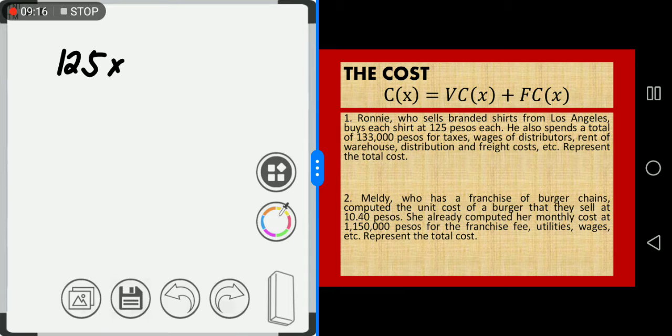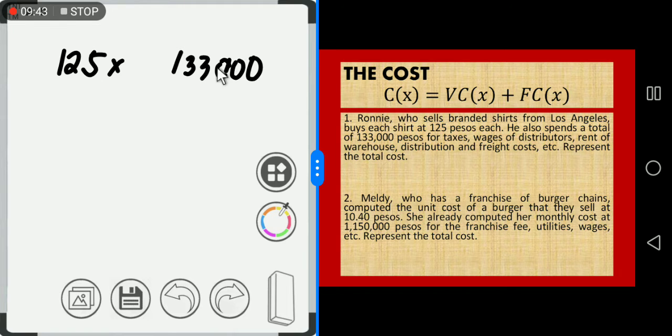Then, sabi dito, he also spends a total of 133,000 pesos for taxes, wages of distributors, rent of warehouse, distribution and freight costs, etc. Represent the total cost. Okay? So, bukod sa 125 kada isang piraso ng shirt, meron din siyang ginagastos na 133,000.